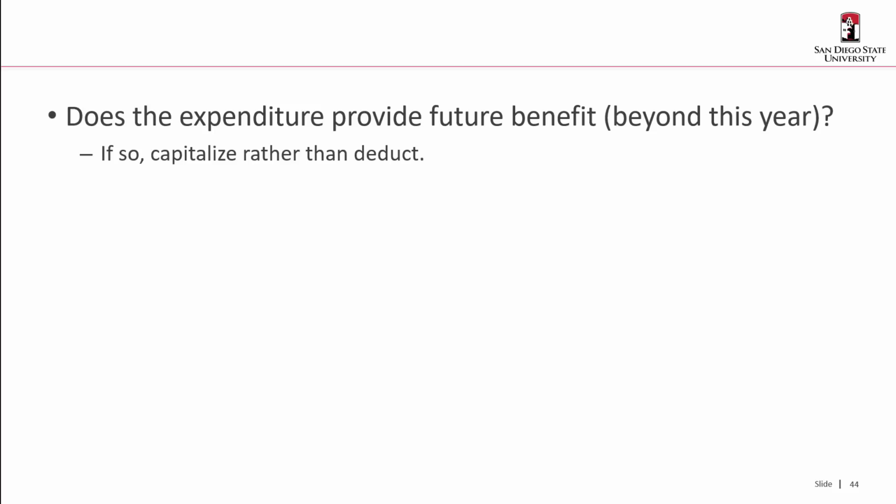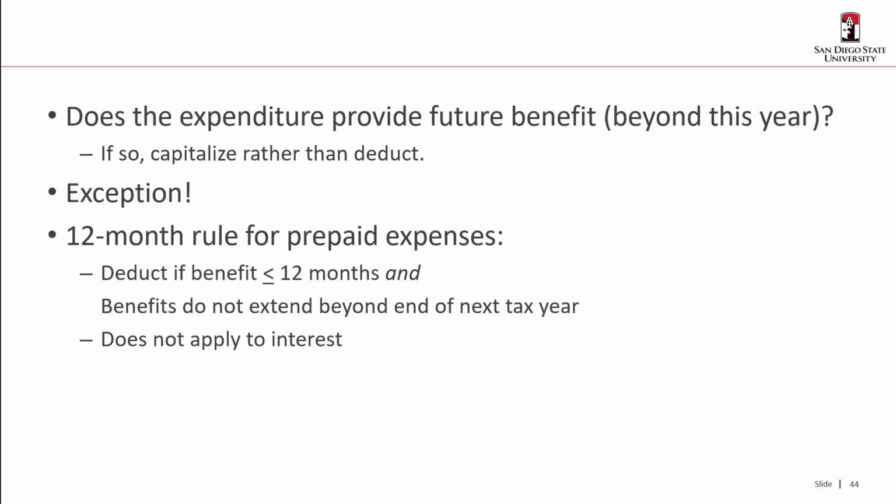So does tax do the same thing? Tax would say, guess what? That expenditure provides a future benefit beyond the end of this taxable year. As a result, you're required to capitalize it. And so tax would match books the same. But there's an exception. This exception is called the 12-month rule. And the 12-month rule applies to both cash and accrual-based taxpayers.